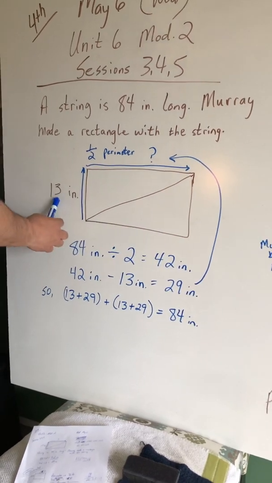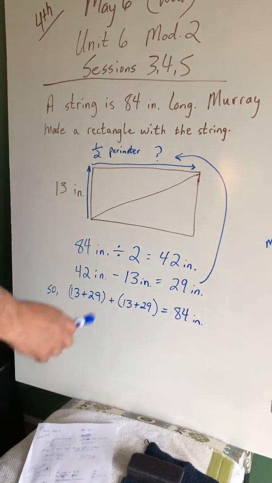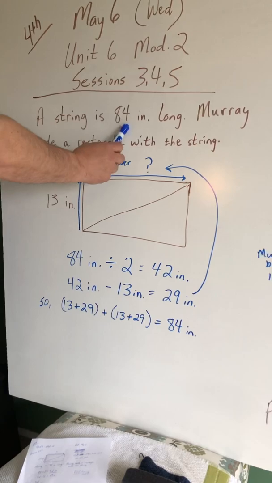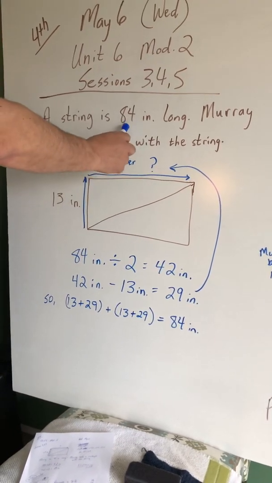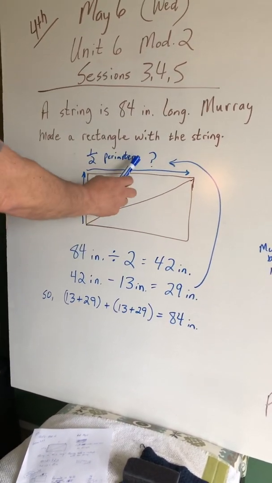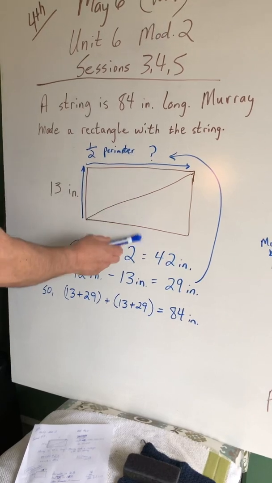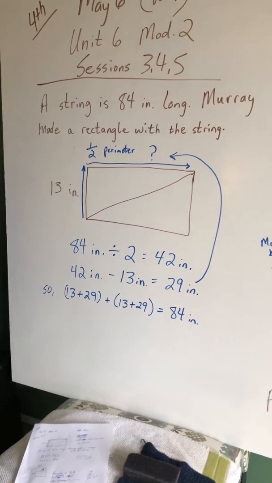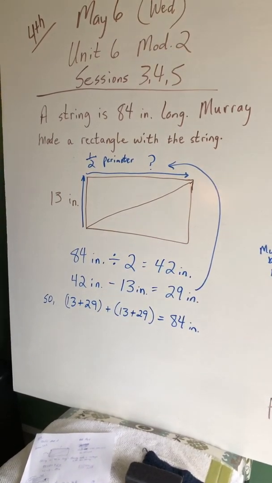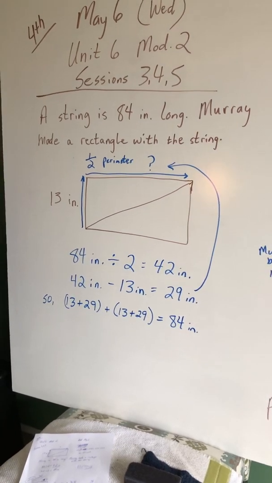So we have 13 plus 13 is 26 inches. And if we take 84 minus 26 inches, then we split that in two and we know this side and this side, because we divided what was left into two parts, okay?